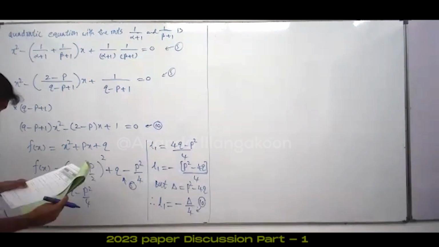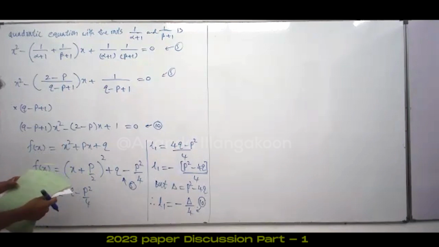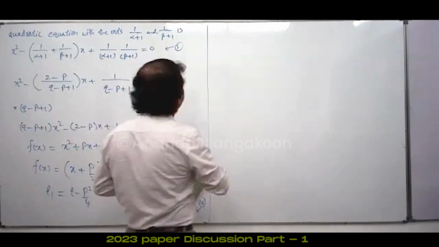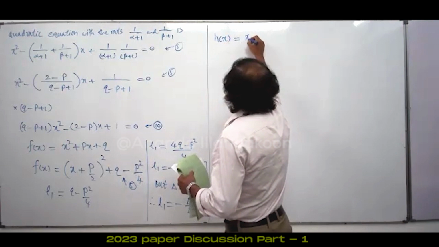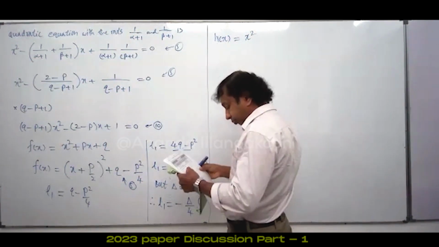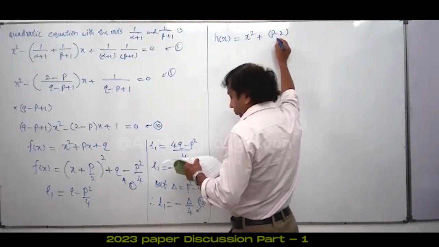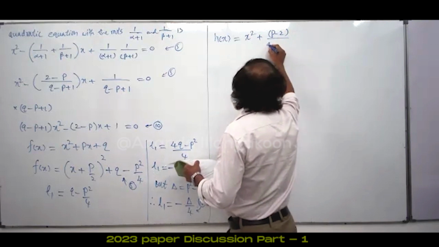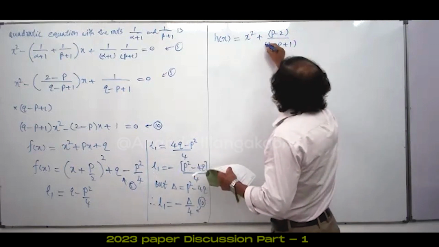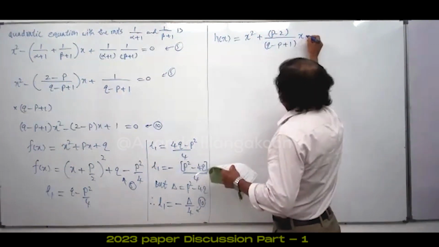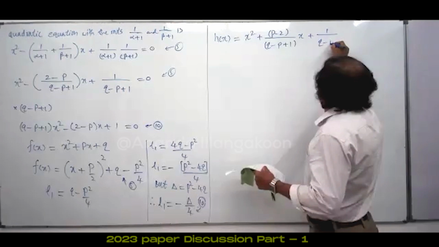Okay. Now the next part is this. We are given another quadratic function called hx. Hx is x squared plus p minus 2 divided by q minus p plus 1 times x plus 1 upon q minus p plus 1.